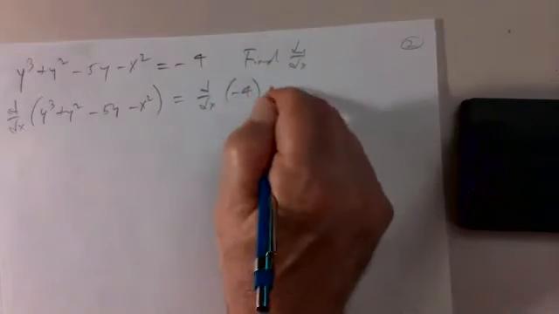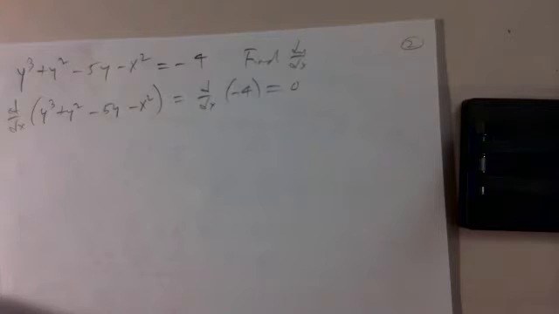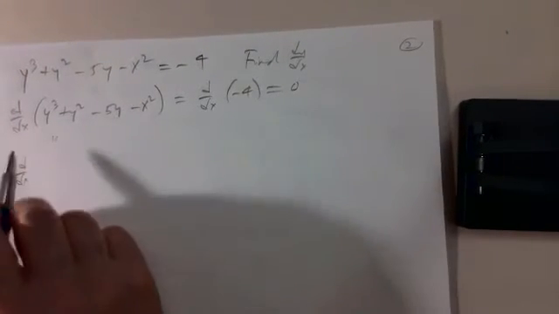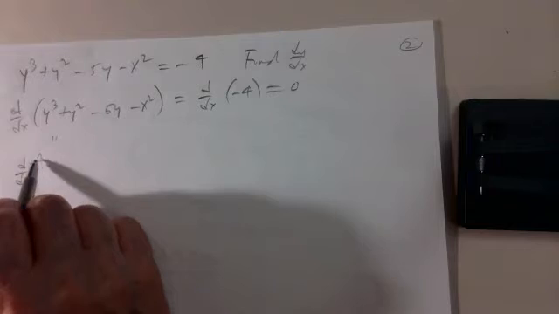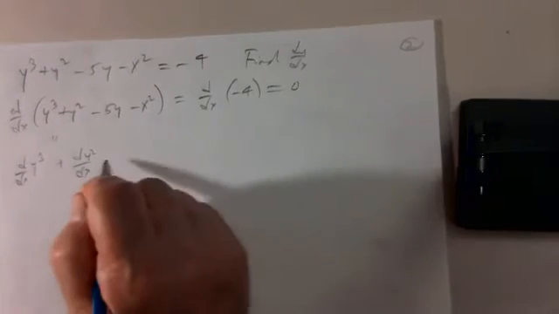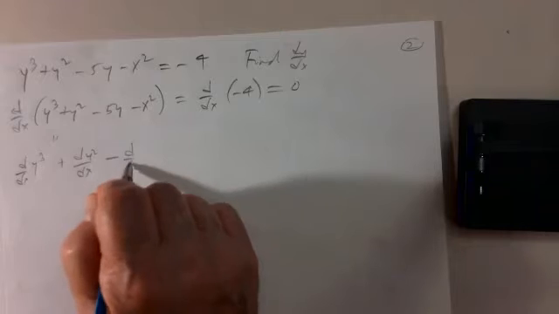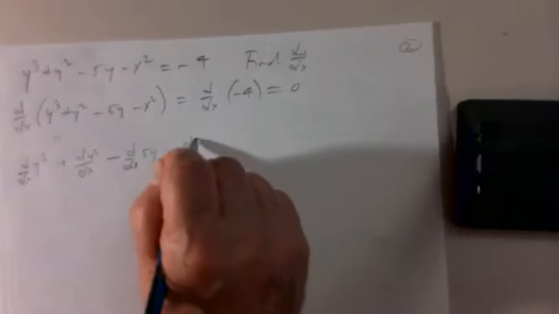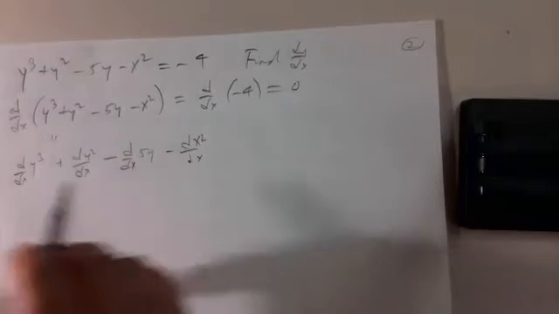Of course, this is just a constant. We know that's 0. We can differentiate term by term. The derivative of y cubed with respect to x plus the derivative of y squared with respect to x minus the derivative of 5y with respect to x minus the derivative of x squared with respect to x.